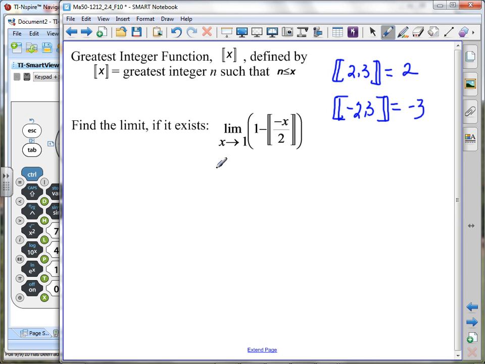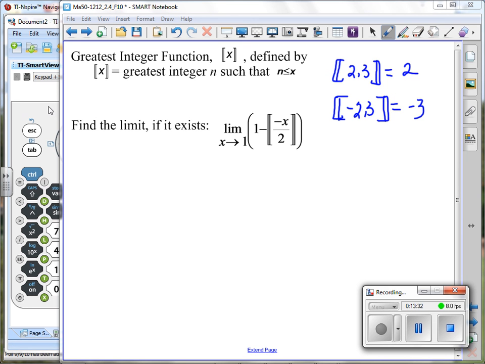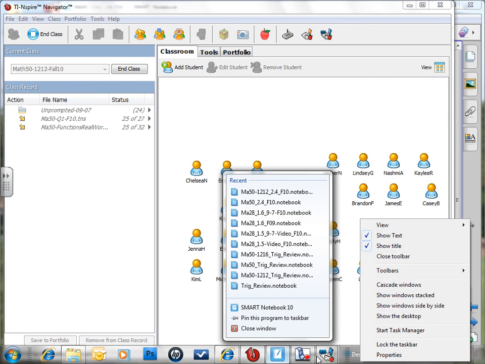Now, I know that you know what limits are, and you know how to go about doing this problem. This would be very difficult to do with the tools we have right now analytically. So we're just going to go to our graphical way, and I just want to share with you what we do graphically with this. Okay, let's go to our Nspire.